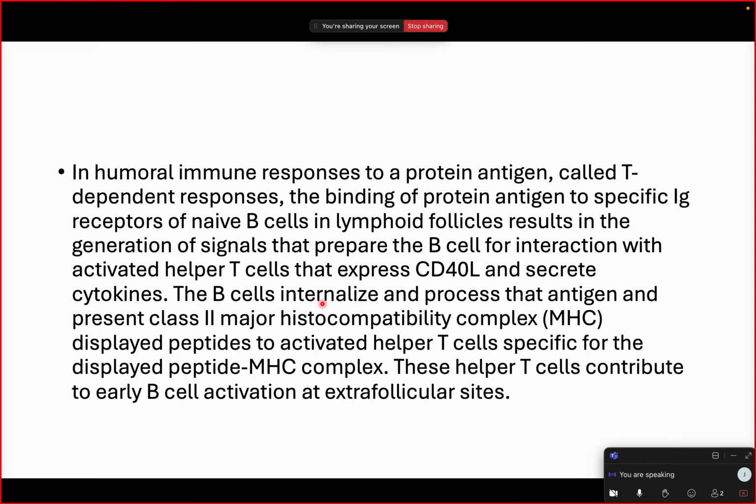The B cells internalize and process that antigen and present class 2 major histocompatibility complex displayed peptides to activated helper T cells specific for the displayed peptide MHC complex.